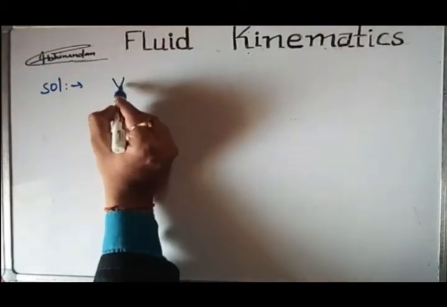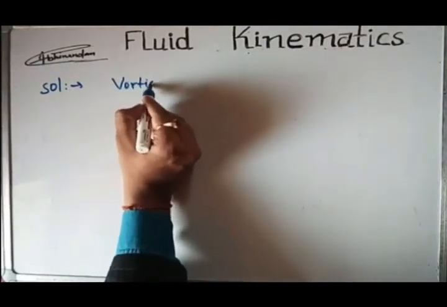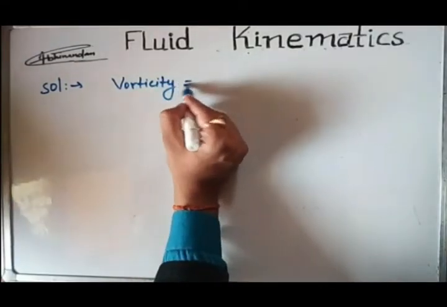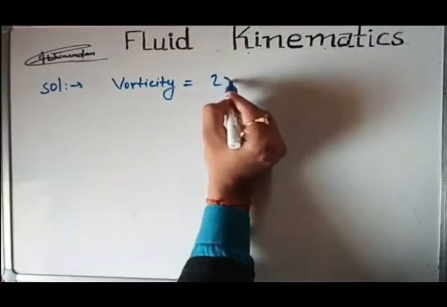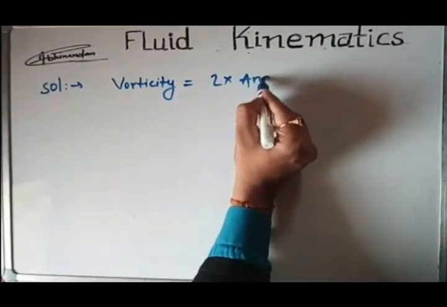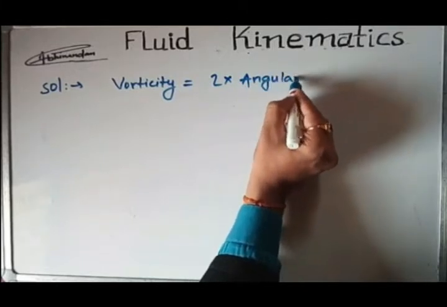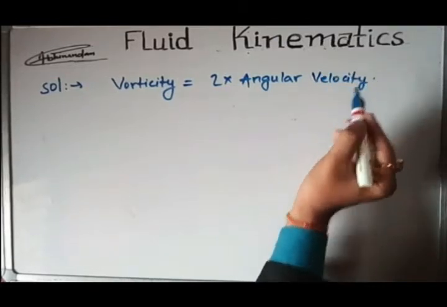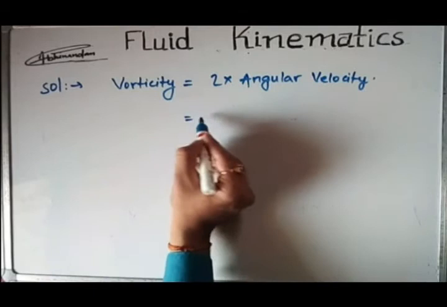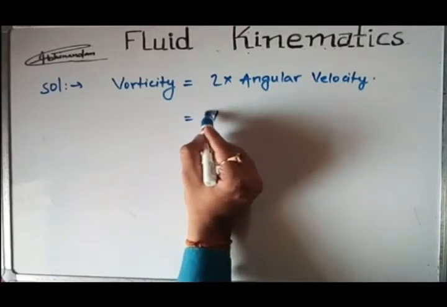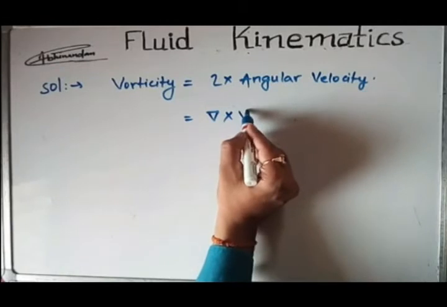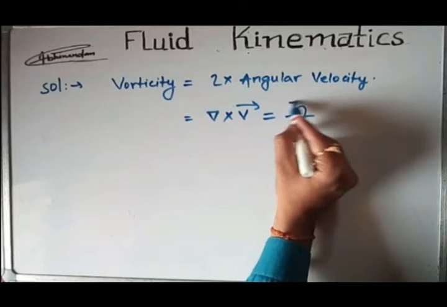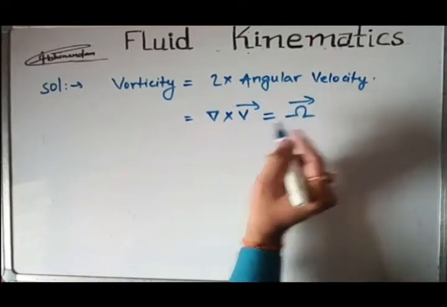The vorticity equals twice the angular velocity, which can be written in formula form as del cross vector v, which is named the curl of velocity.